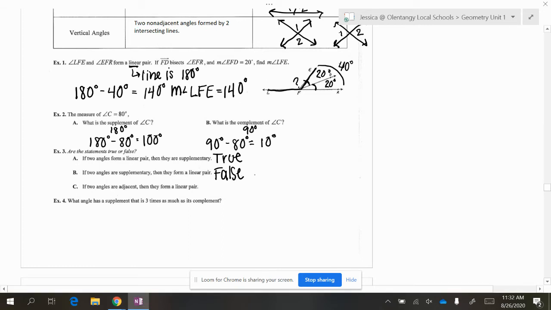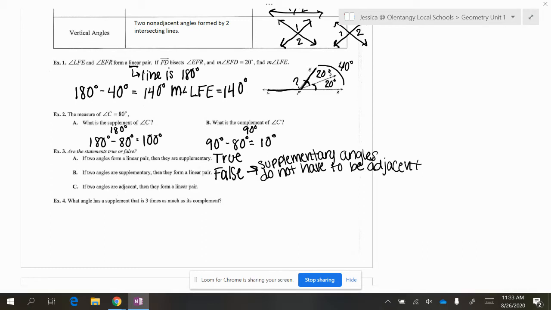So if I just write here, supplementary angles do not have to be adjacent, but again, in linear pairs, the angles do need to be adjacent.